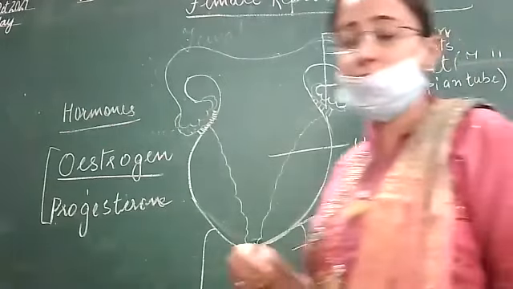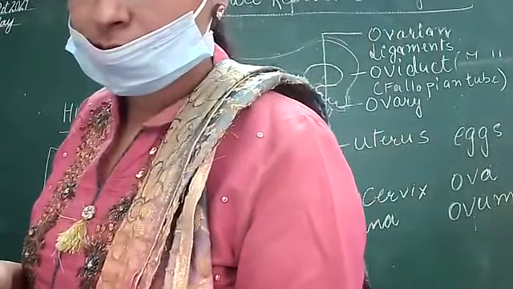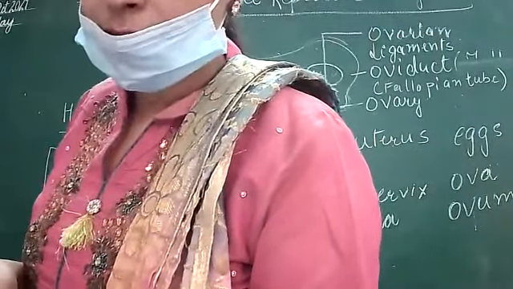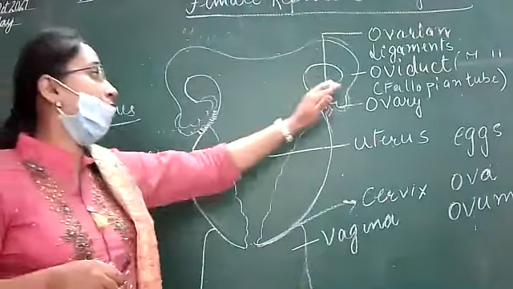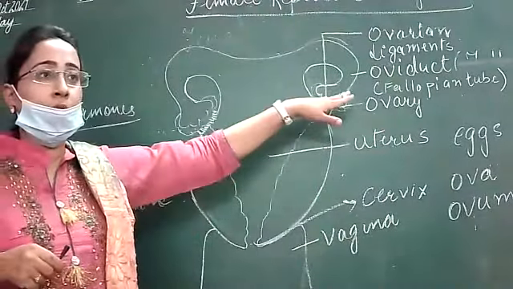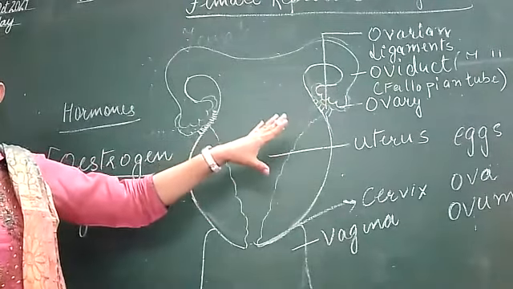These are ovarian ligaments. By these ligaments, the ovaries are connected to the uterus. You can see here, the ovaries are connected to the uterus.